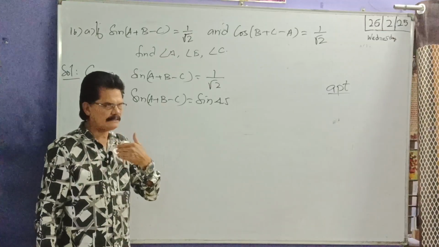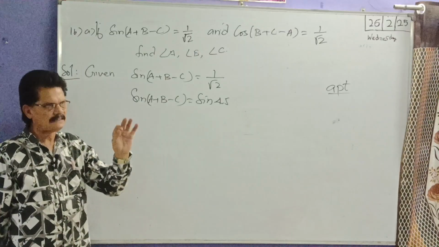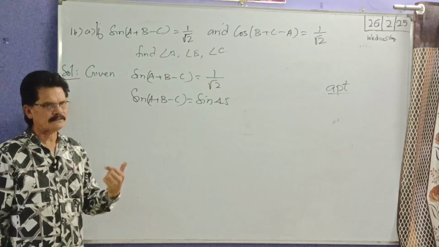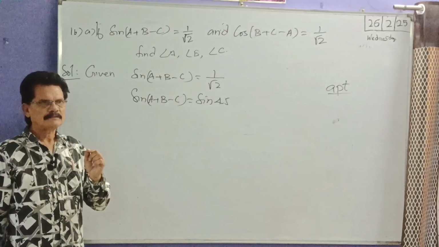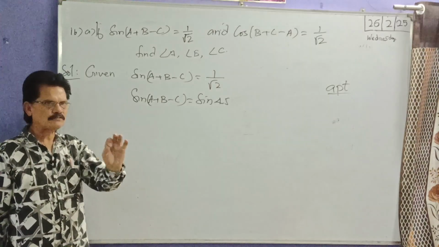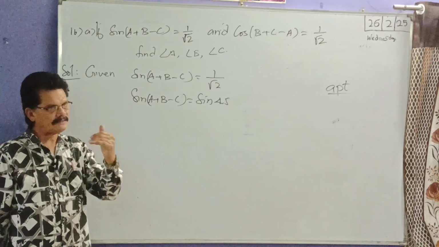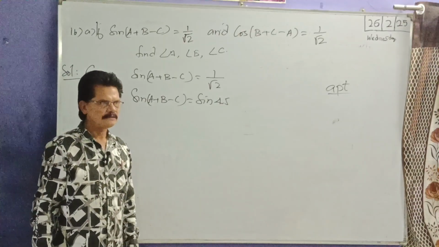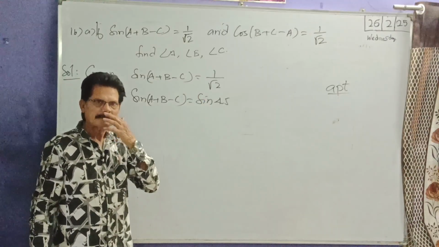But since you are amateurs and I am a professional, you have to do one thing little more. Tan values also you will memorize. Things will become very smooth. No hiccups. No speed breakers. Directly you will attempt the questions.